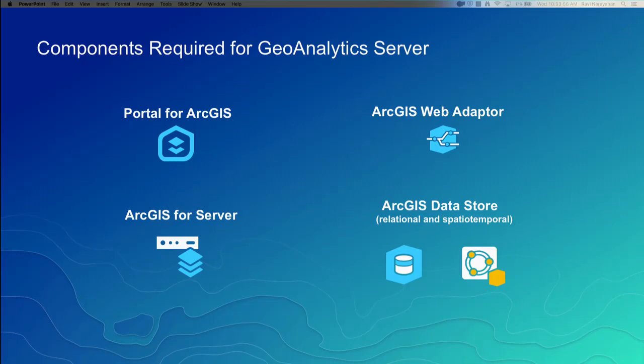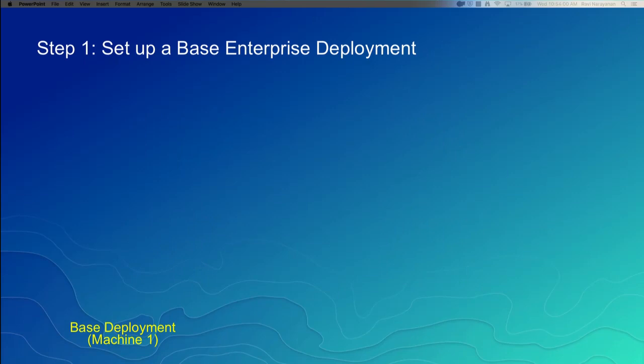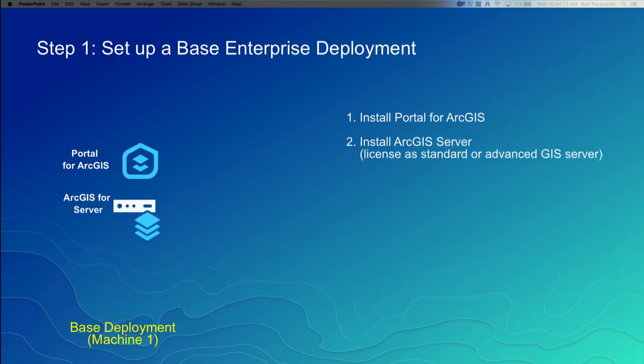Now let's go through 3 simple steps on how you set up a GeoAnalytics Server. Step 1 is for you to set up a base enterprise deployment. A base enterprise deployment consists of Portal. So you install Portal for ArcGIS. You install ArcGIS for Server, and you license that with a standard or advanced GIS Server license.